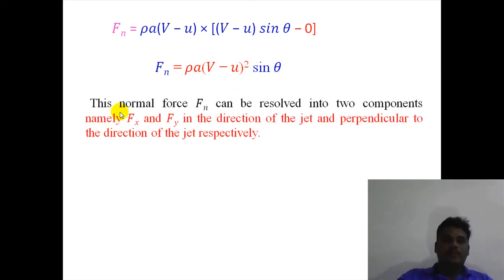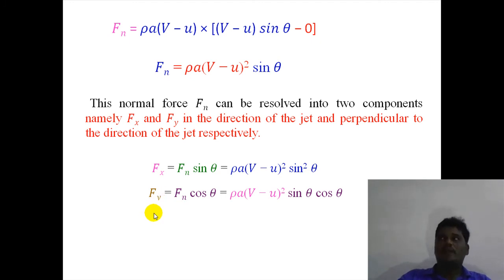This normal force can be resolved into two components, Fx and Fy, in the direction of the jet and perpendicular to the direction of the jet. Fx equals Fn sin theta, which gives rho A (v minus u) square sin square theta.